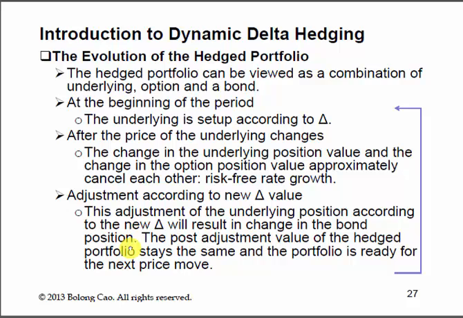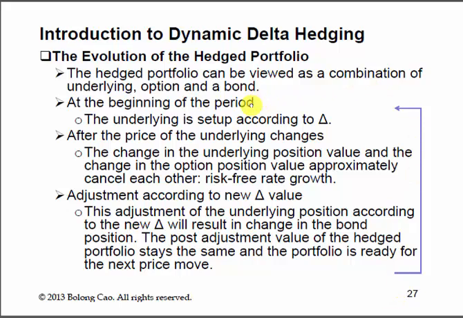Sometimes more money is needed, or sometimes cash is generated from selling some of the underlying stock, and all that money coming in and going out becomes a bond position. The post-adjustment value of the hedged portfolio stays the same, still just growing at the risk-free rate from the last period. Okay, and the portfolio is ready for the next price move.